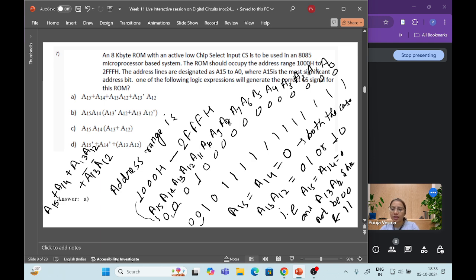So this expression can be made: A15 plus A14 plus A13 A12, because that range should not be there. None of the expressions matches this exactly, but I think here it is a typo, and the A12 dash should be there. If A12 dash is there, the correct option is A only. So the correct expression is A15 plus A14 plus A13 A12 plus A13 dash A12 dash.